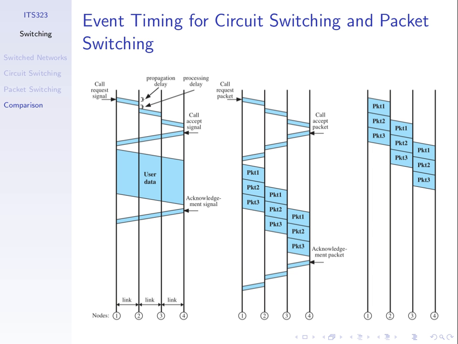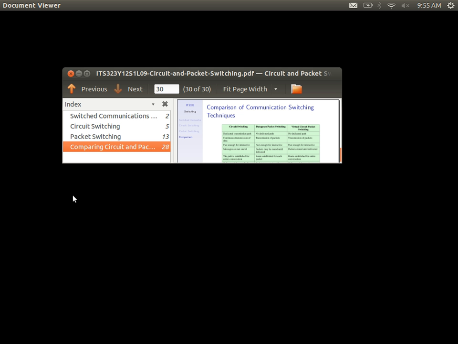The internet protocol uses datagram packet switching. It chooses the simplest of the approaches, even though it may not be the best performing sometimes, because we cannot guarantee performance, it's the simplest. That table just summarises some of the trade-offs between them.